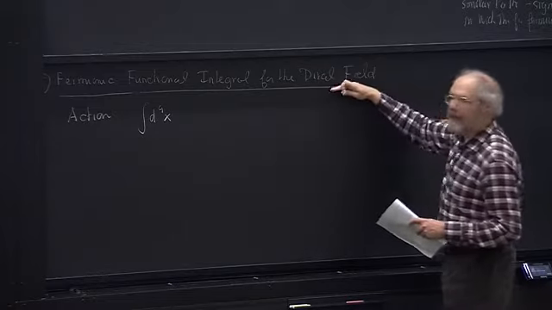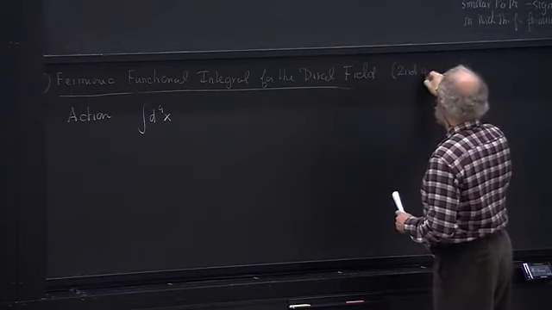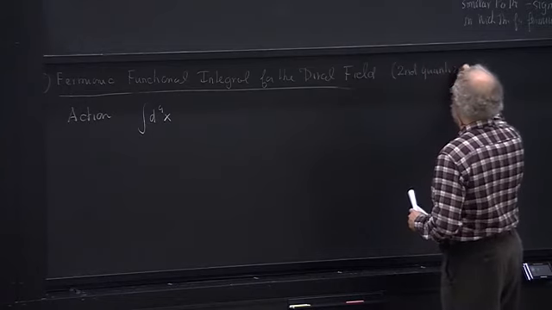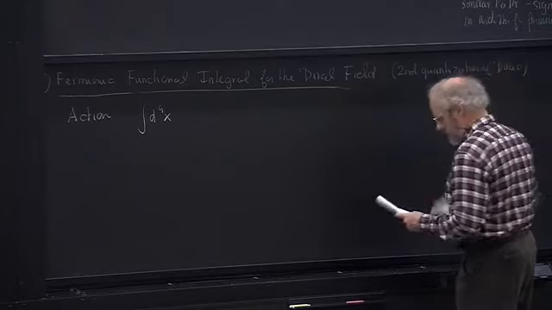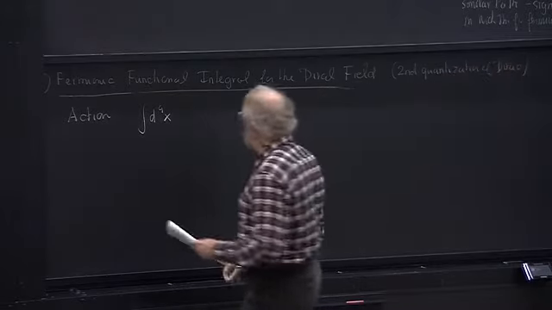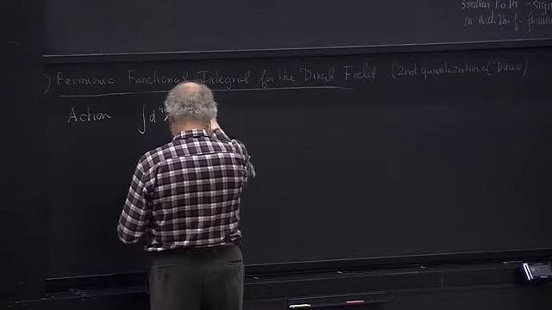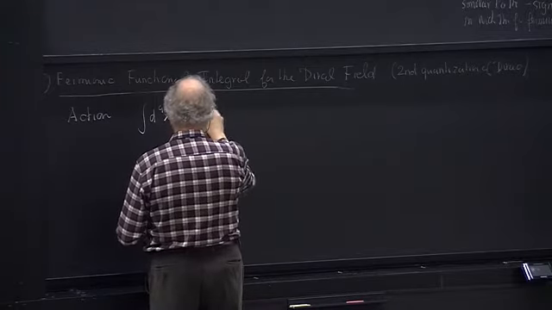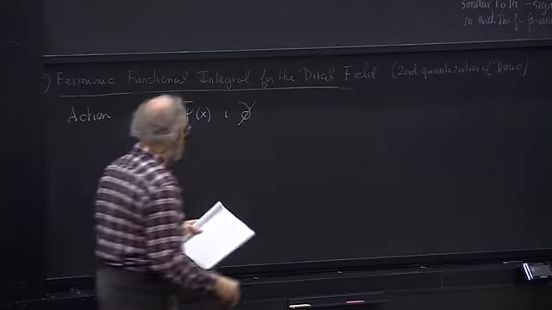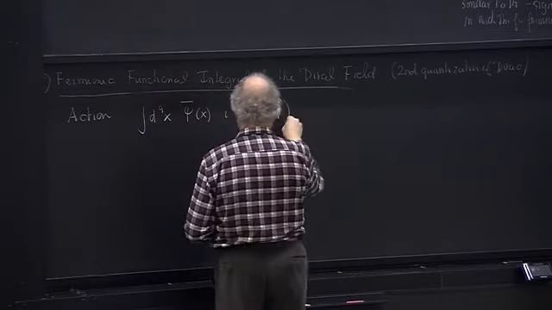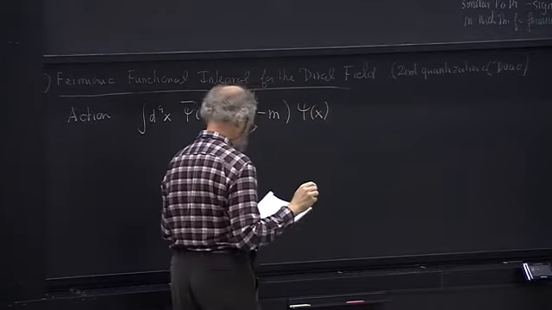So I'm just studying second quantization of the Dirac equation. And I'm in 4 dimensions for simplicity. So the action is psi bar of x, i, the slash derivative minus m, times psi of x. Okay?